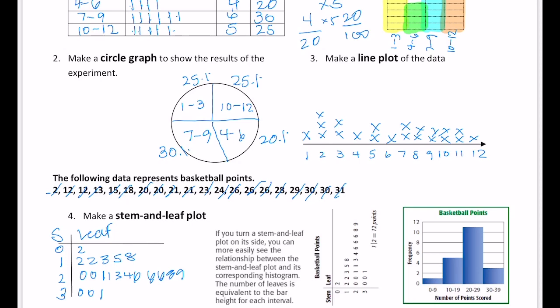You know what, guys? I just realized that these two are in the wrong places. Whoopsies.